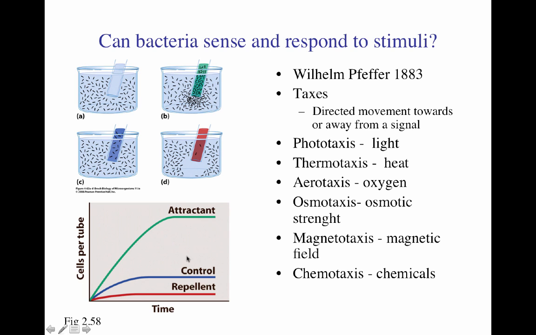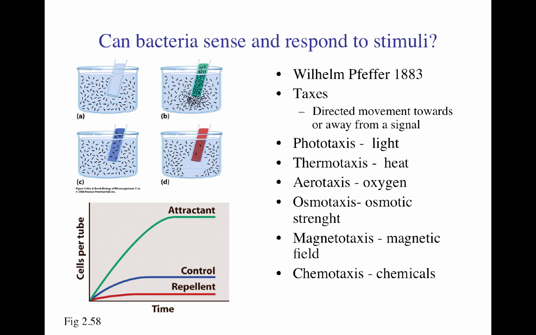In the case of the sugar, an attractant, the number of organisms increases with time until it reaches a plateau because most of them have gotten inside the tube. In the case of a repellent, the number of organisms remains constant throughout the entire experiment, indicating that no organisms are going inside the tube, but that they're actually going away from it.